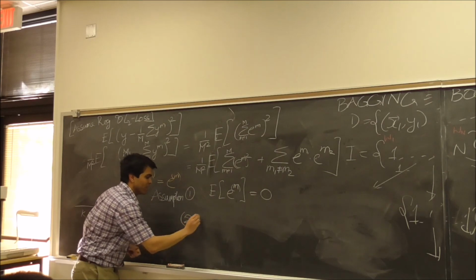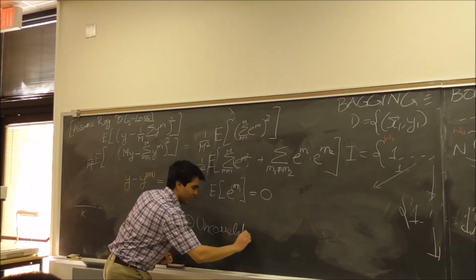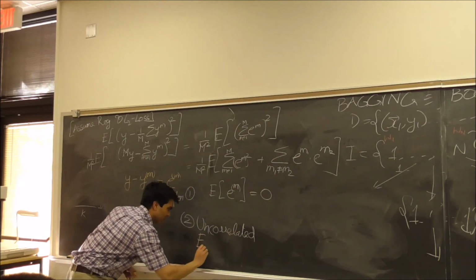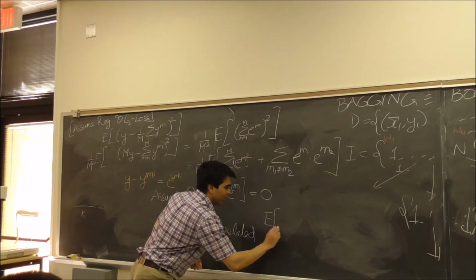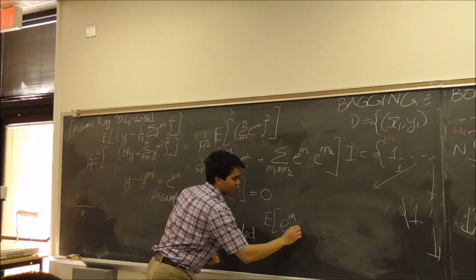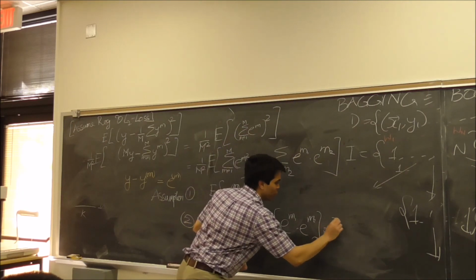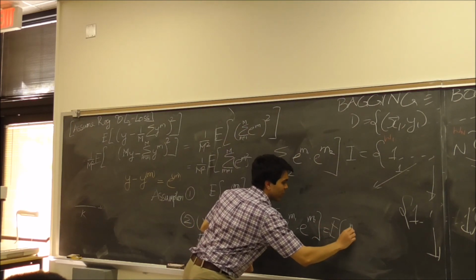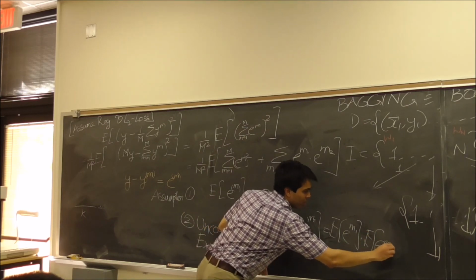And the other is uncorrelated errors. This is saying that the error that m1 makes does not tell me anything about the error that m2 makes. So this is the expected value of em1 times the expected value of em2.